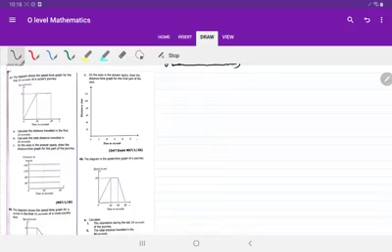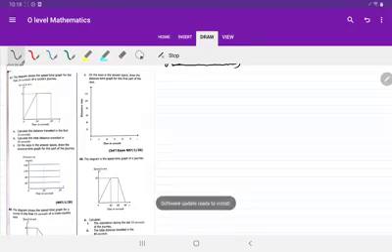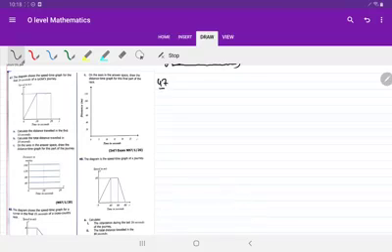Then question number 47 states that the diagram shows the speed time graph of the first 20 seconds of a cyclist. Calculate the distance traveled in the first 10 seconds. The distance traveled in the first 10 seconds is half into base into height.